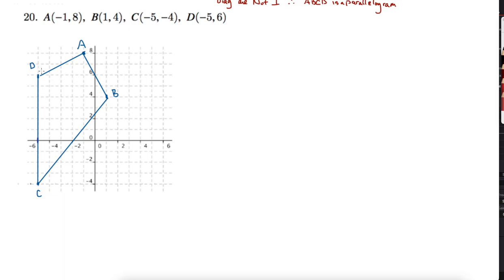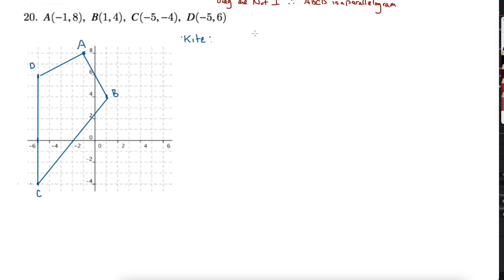So let's check the slopes here. I think this is a kite. Let's check if this is a kite. So what do we do if it's a kite? A kite would have two pairs of congruent sides. So DA and AB would have to be congruent, and DC and BC.